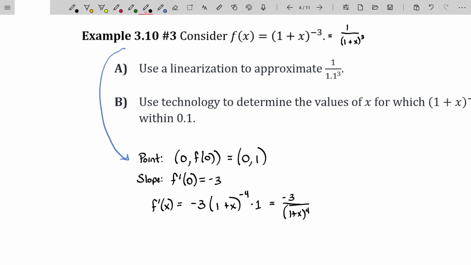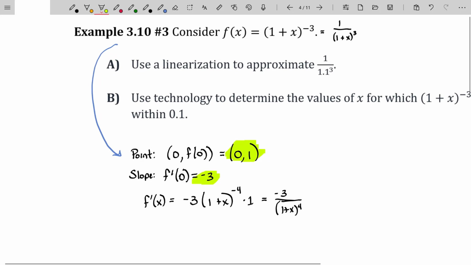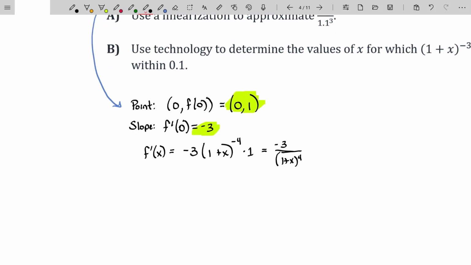So now we have a point and a slope. We can go ahead and build the tangent line. And that would be y minus the y value for our point is equal to the slope times x minus the x value for our point.